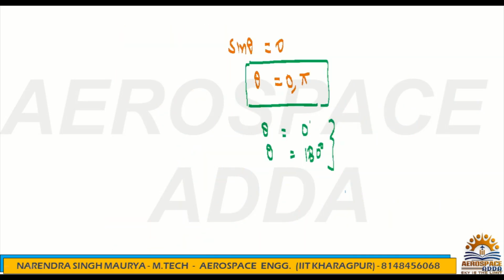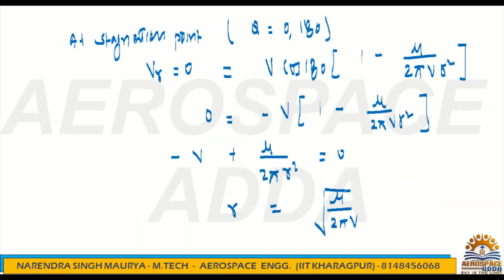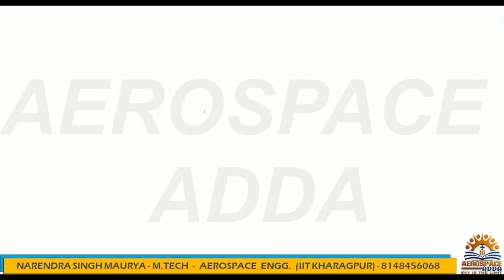You have taken 2 points, one is 0 and one is 180 degrees, in between the origin. This is theta equal to 0, and this is theta equal to 180.